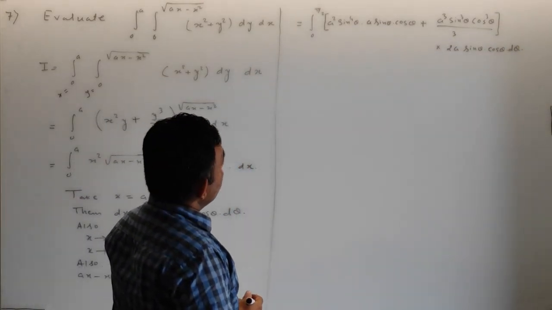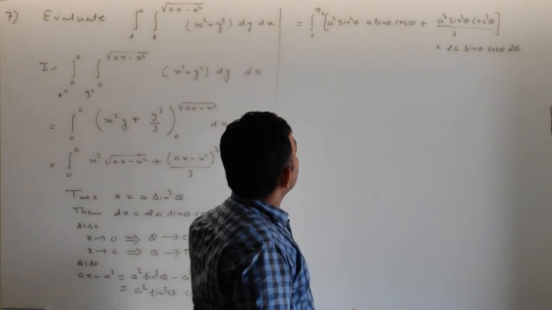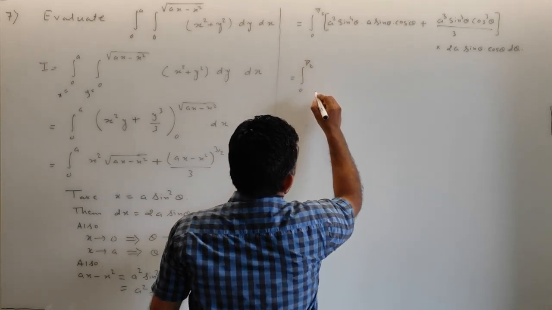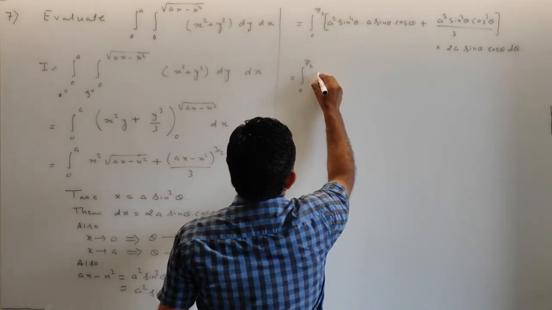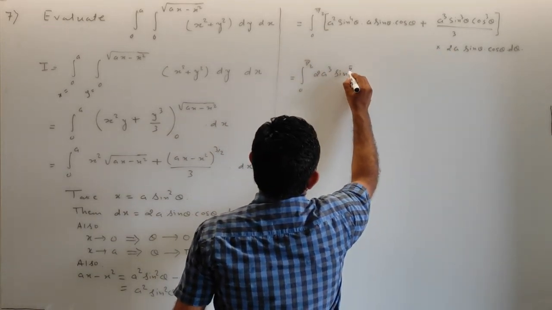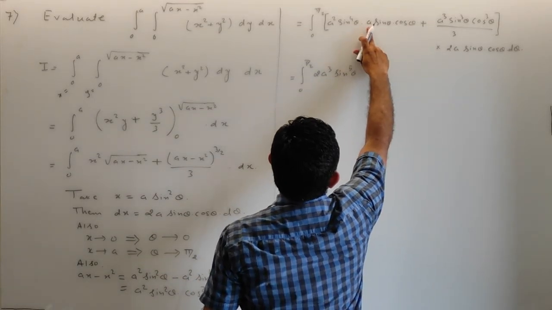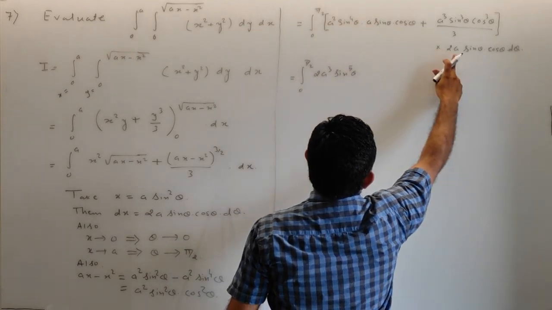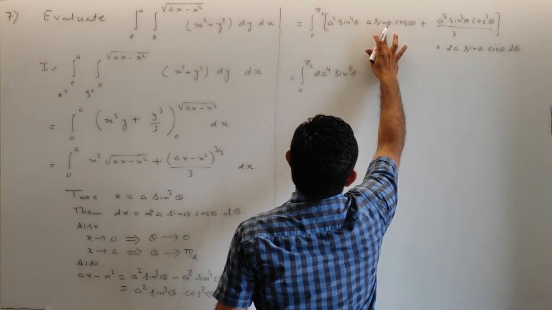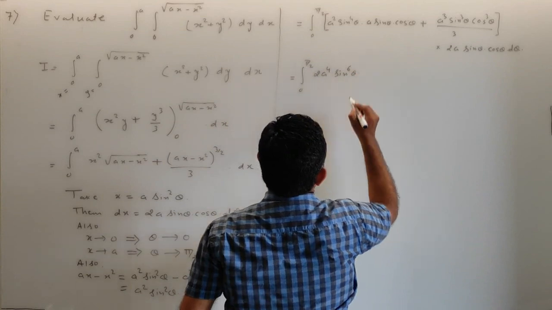Okay, so now you just multiply this term with these two terms. Then we have integration 0 to pi by 2, 2a into a square, that is 2a cube; already I have here a, so let me calculate this also. A square into a is a cube, into a is a raised to 4. Then sine raised to 4 into sine theta is sine raised to 5, and with the other sine it is sine raised to 6 theta.